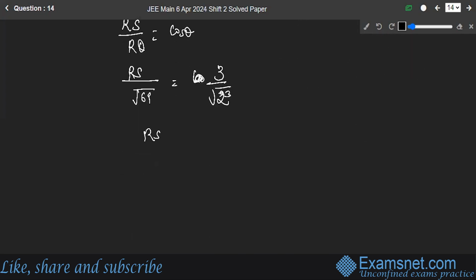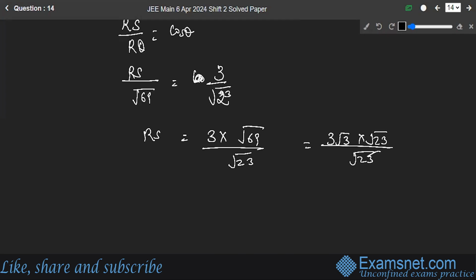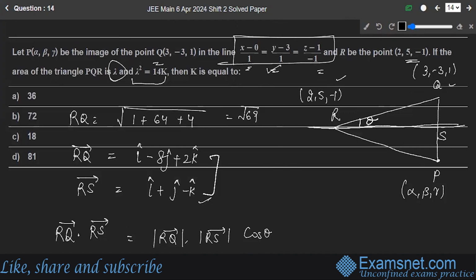So you have RS equal to this into this, which is 3 root 3 into root of 23 upon root of 23. They will cancel. You have RS is equal to 3 root 3.